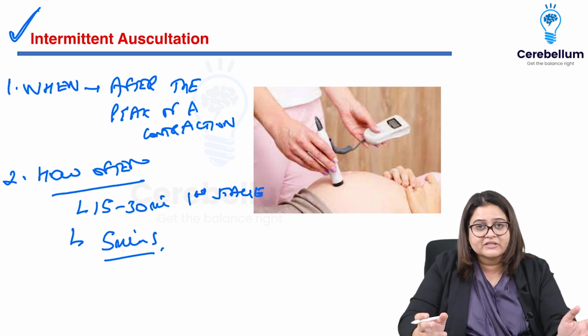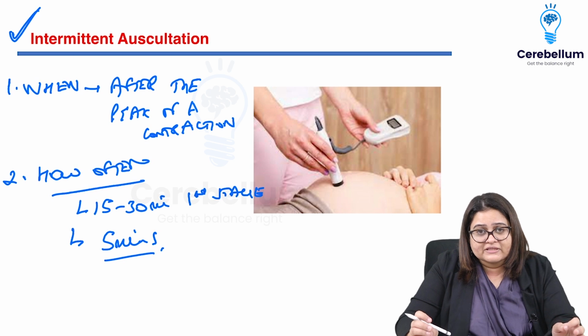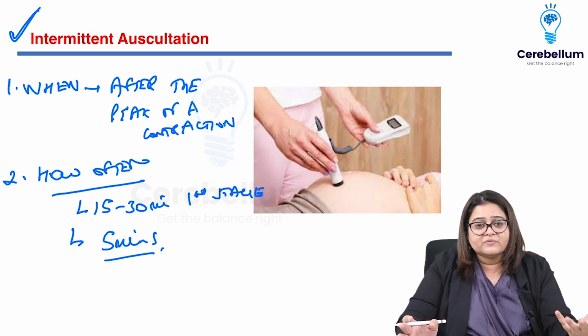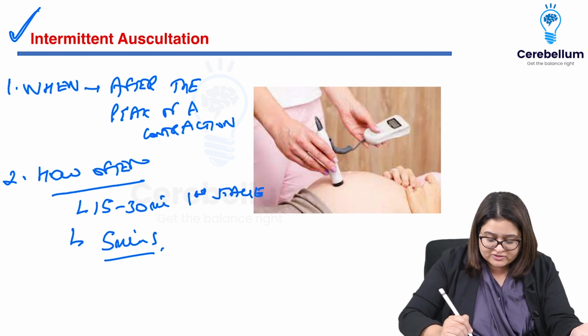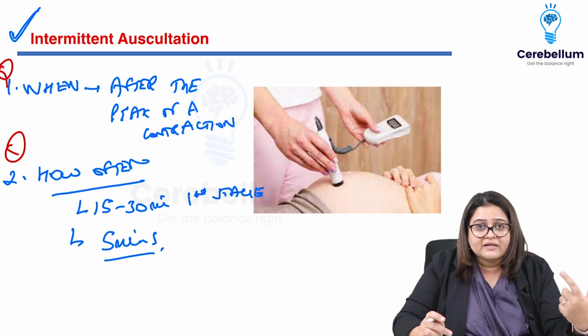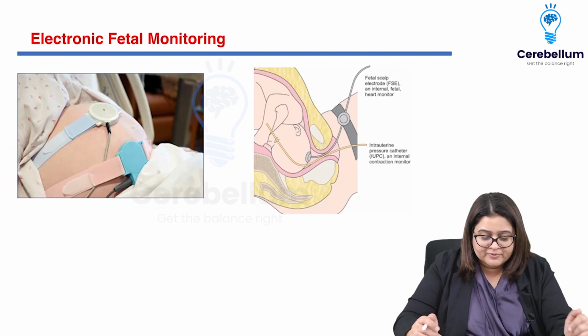So every 15 to 30 minutes in the first stage we auscultate for the fetal heart rate, and in the second stage of labor, that means once she is fully dilated, we do this every 5 minutes. These are the two important things you need to know: when it is done, and how often it is done. Also remember, it is done usually in low risk women who are in labor.